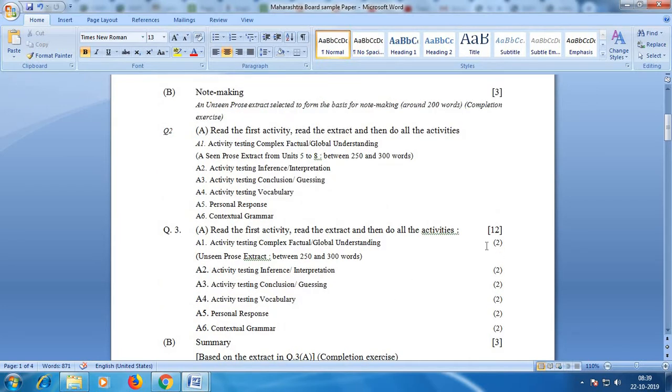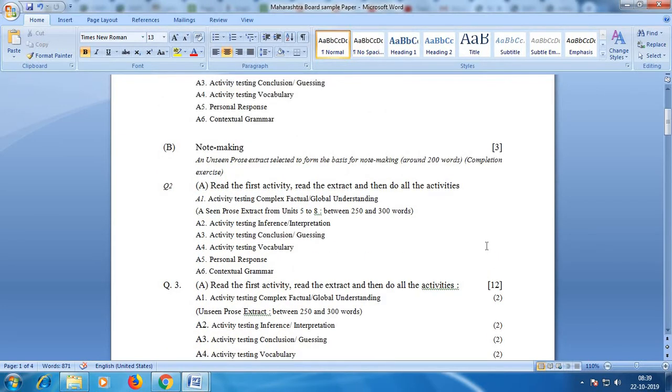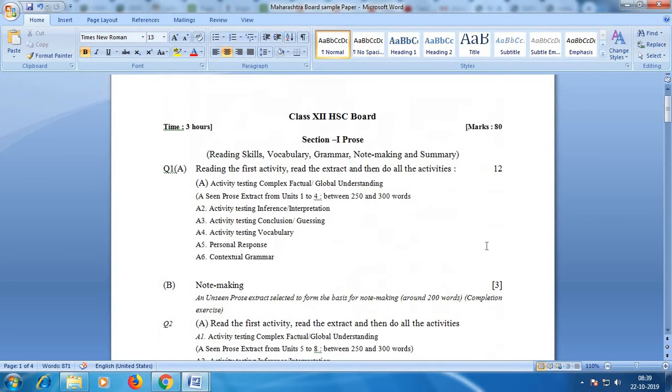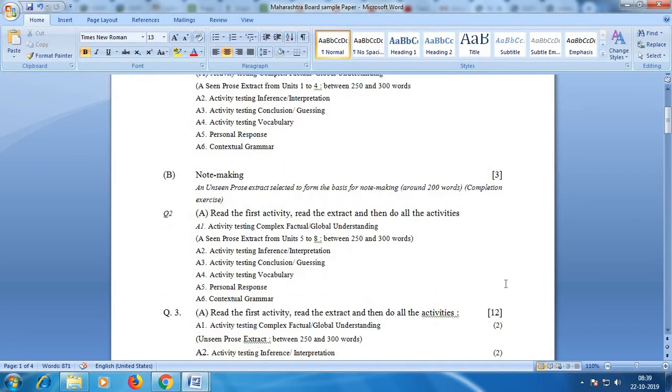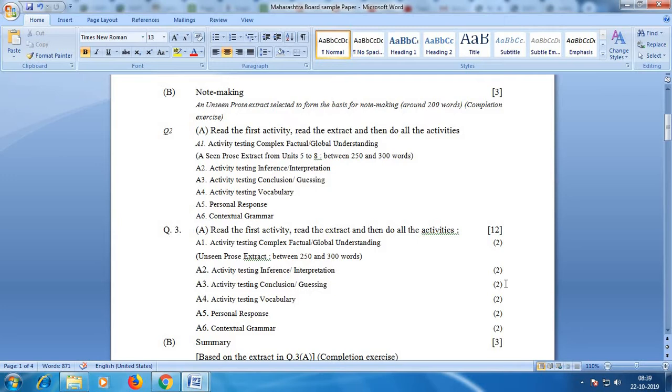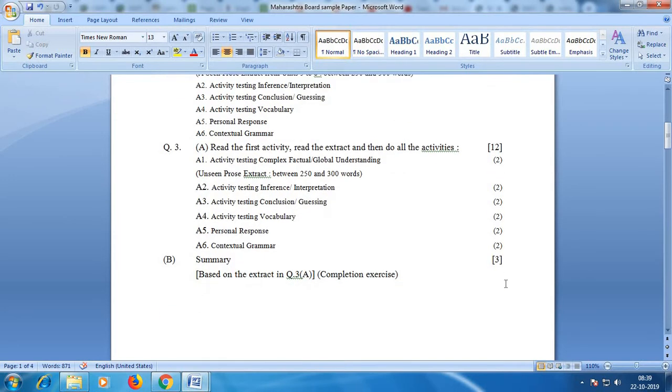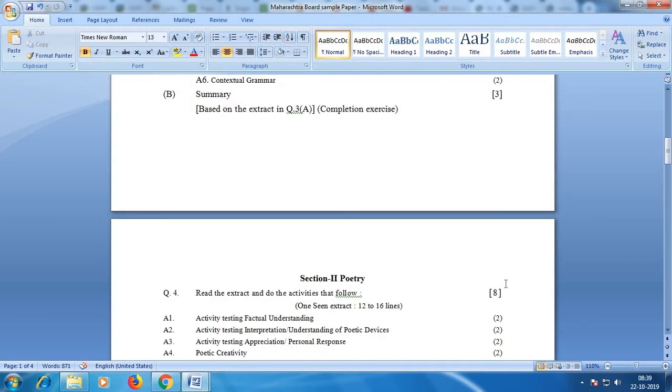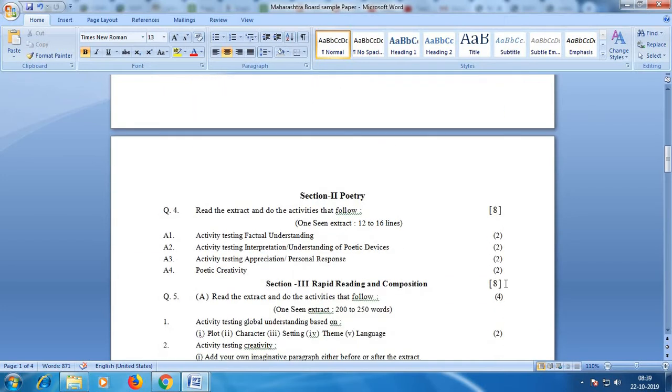Question 2 is the same, a total of 12 marks, plus 3 marks for note making, so total 15. Question 3 is the same, 12 marks plus 3 marks for summary writing. And the same type of things are asked.